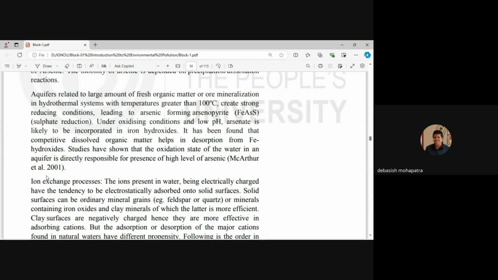It has been found that the competitive dissolution of organic matter helps in desorption from iron hydroxide. Studies have shown that the oxidation state of the water in an aquifer is directly proportional to the presence of high level of arsenic.